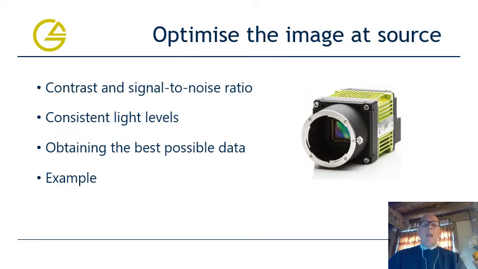Attempting to use image processing software to enhance low-quality images is often both time-consuming and ineffective. Crucially, image processing can only manipulate data that is captured by the sensor. It cannot create information that is not present in the original image.